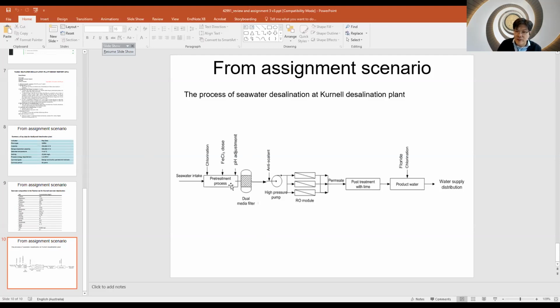This is the dual media filter, but you can change it based on your convenience and to make it easy to design your own desalination plant. This is just one example, but you can change any pre-treatment or post-treatment. However, the RO should be the same in your assignment 3.